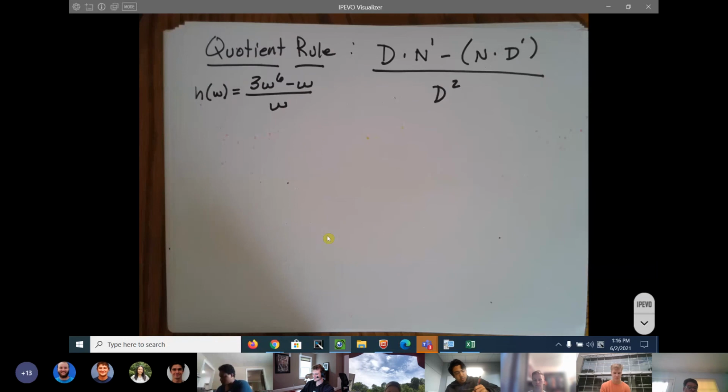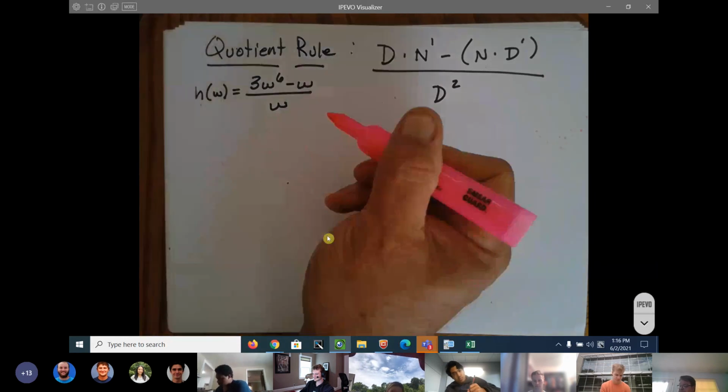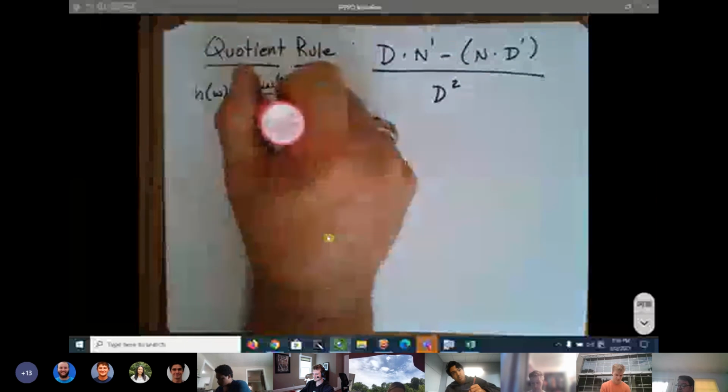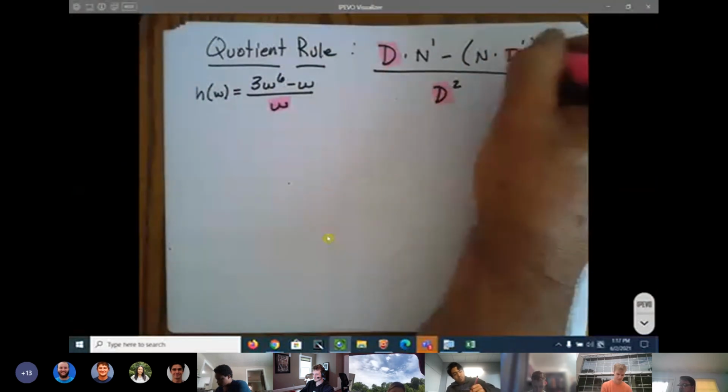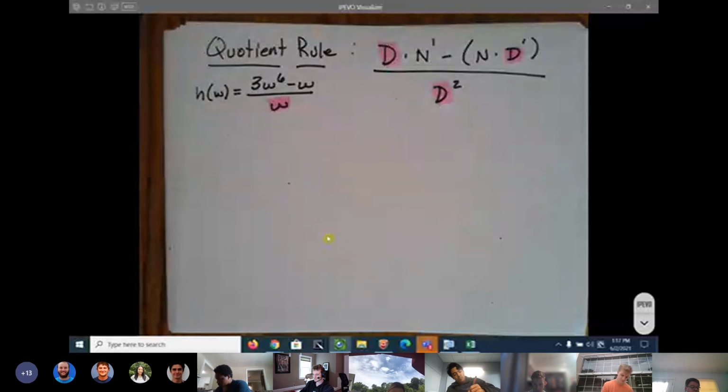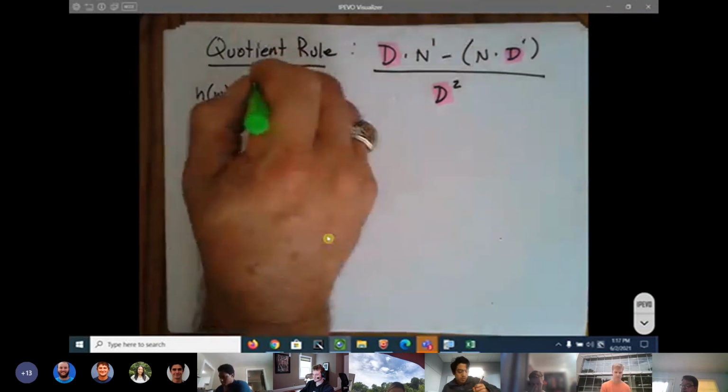Here we go. I'm going to use pink for the denominator. And I'm going to use green for the numerator.